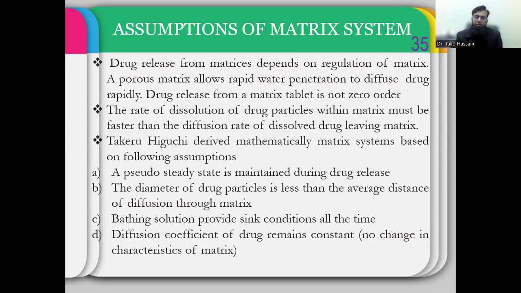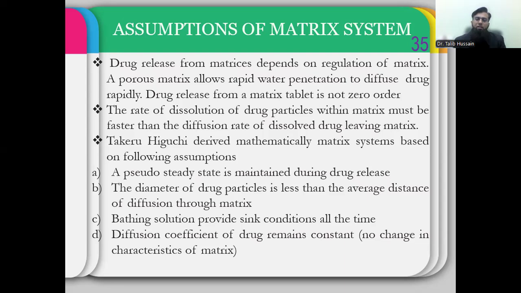This is the second parameter. High molecular weight drugs, which have a diameter of the drug particle more than the average distance, will be restricted within the matrix system unless it is eroding. If it is eroded, then that drug can be evacuated from the system. Otherwise, that drug cannot be evacuated from the system.